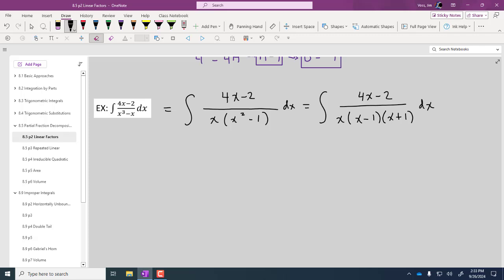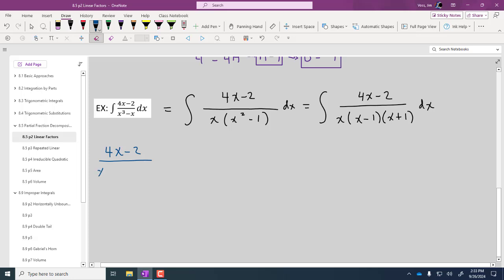We're going to have 3 fractions. All right, so now we're going to take our 3 fractions. We're going to take the whole inside, 4x minus 2. So we're taking the inside away from the integral, just taking the rational function. And this has to be a divided by x for some a plus b divided by x minus 1 for some b.